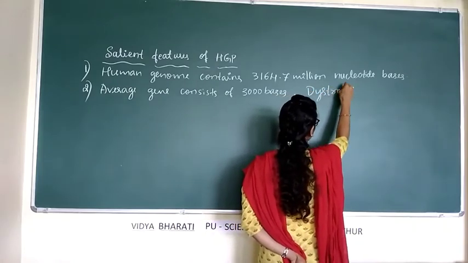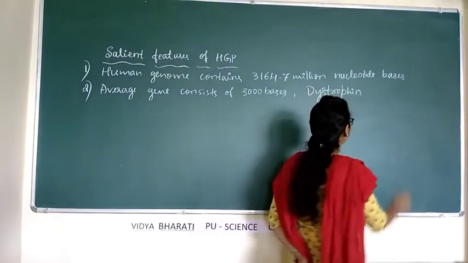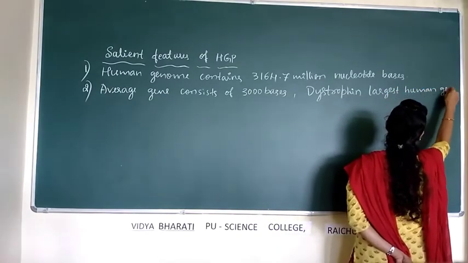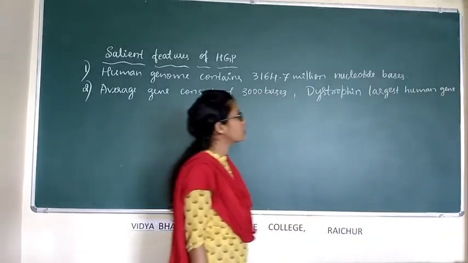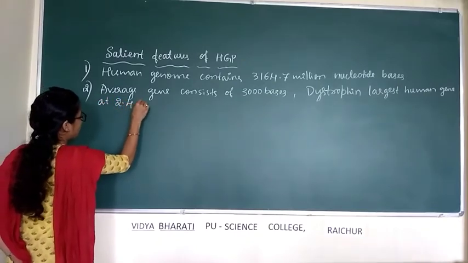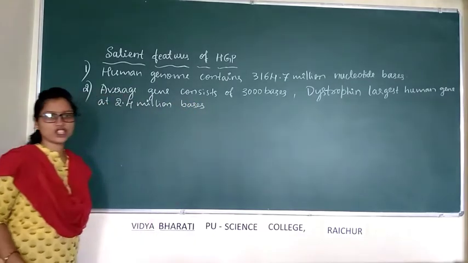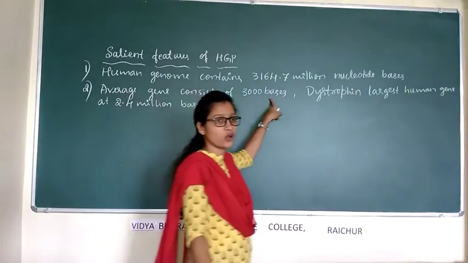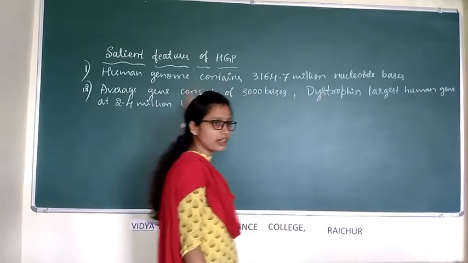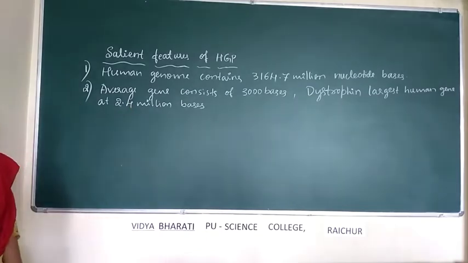The average gene consists of 3000 nucleotide bases, but the largest human gene, dystrophin, contains 2.4 million bases. This is the second salient feature of the Human Genome Project.